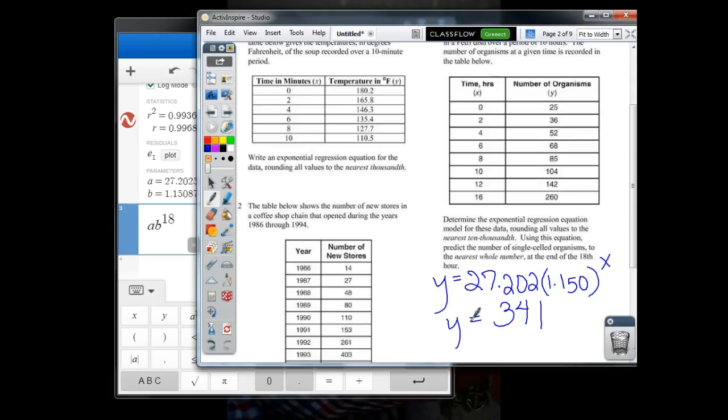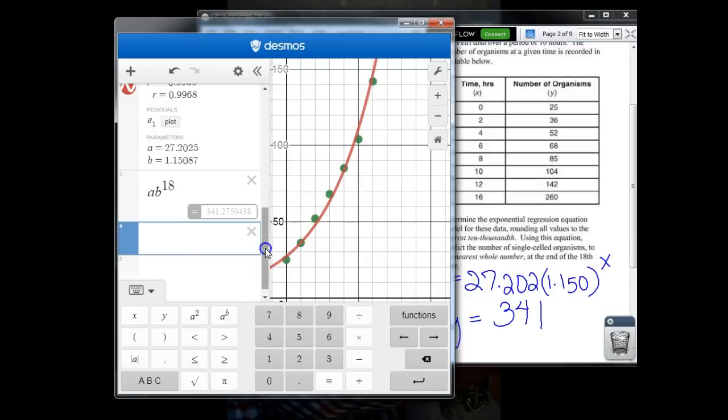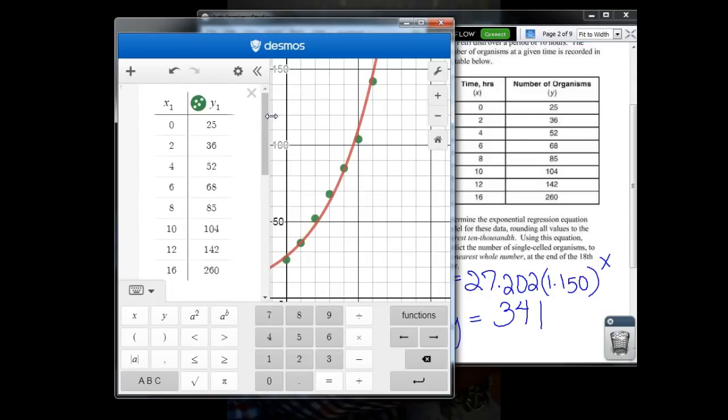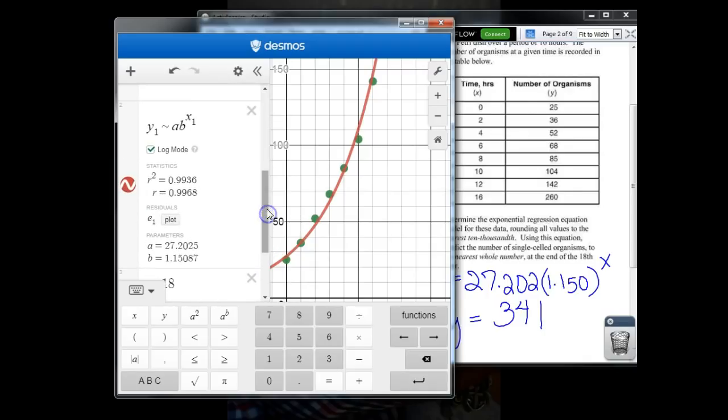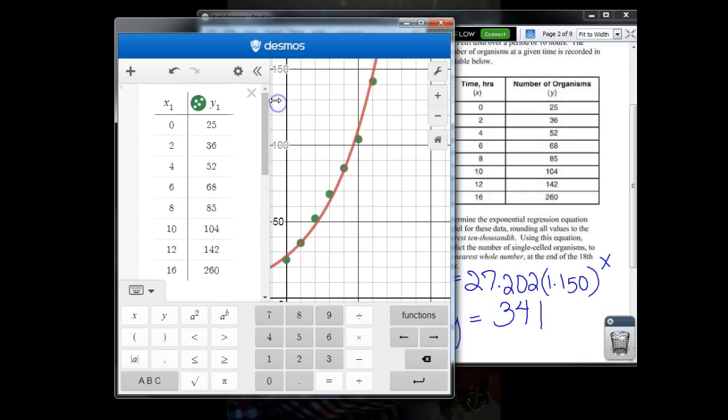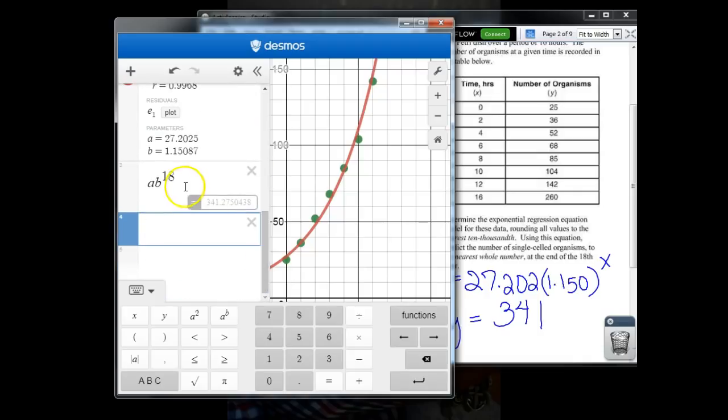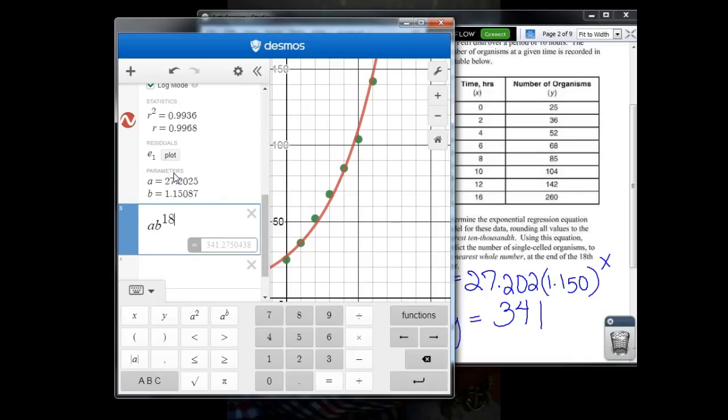Okay, so you don't have to retype. Now, when you go and do the next problems, you don't even have to retype this, right? All you have to do is change the x and y values. And then for this, all you have to do is change the exponent, right?